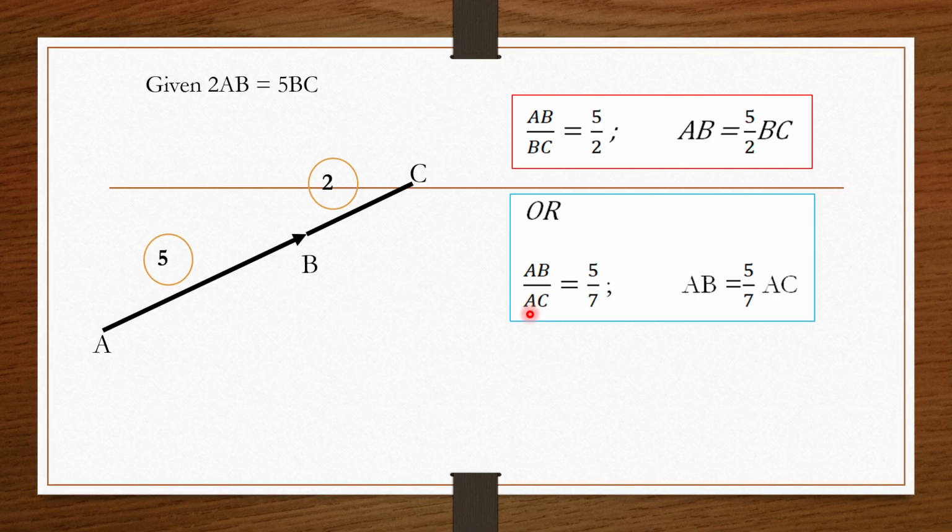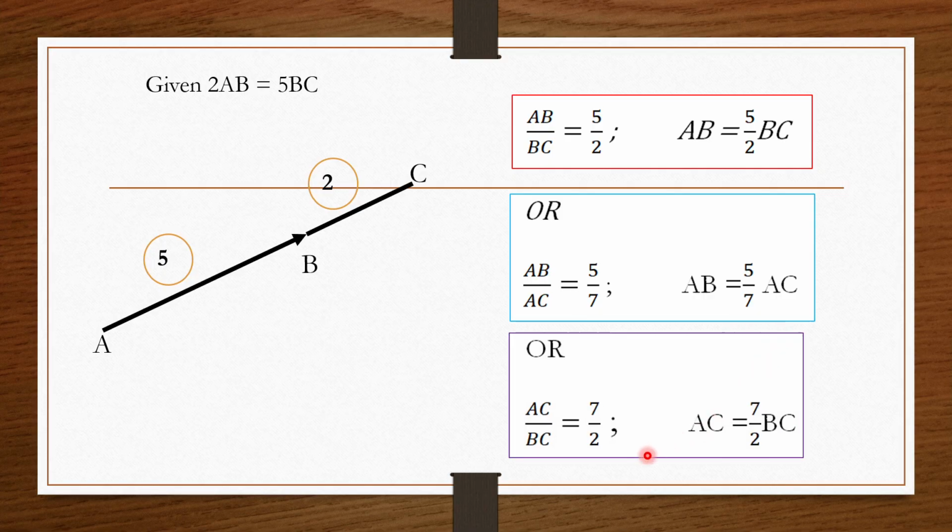The ratio between AB and AC: AB is 5, AC total will be 7. Or rewrite the equation as AB equals 5 over 7 AC. Or you may find the ratio between AC and BC.